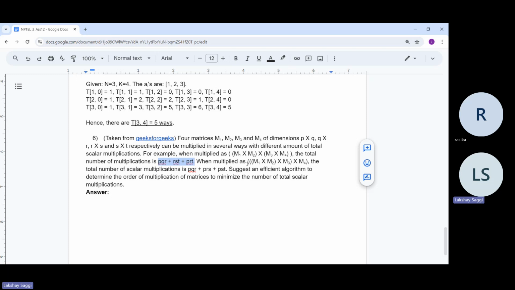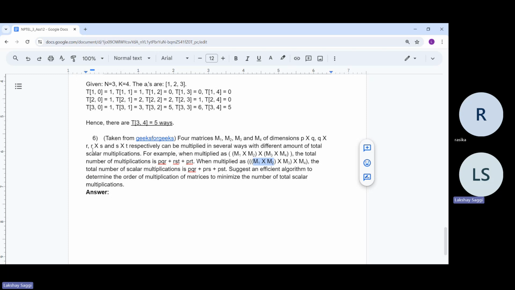Similarly, suppose I suggest an alternate way to multiply these matrices, which is to first multiply M1 with M2. So this takes again PQR time. Then this results in a matrix of dimensions P cross R. And now this matrix is multiplied with M3.